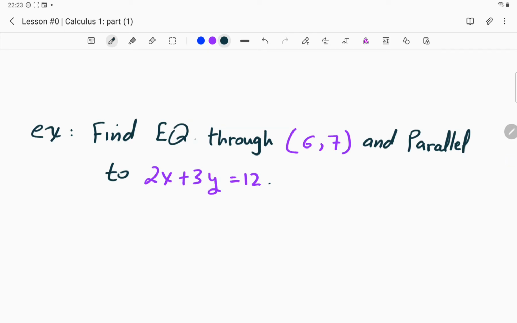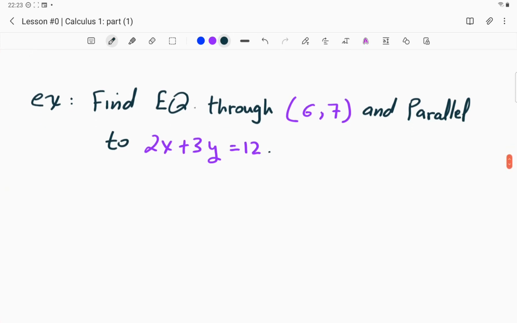Okay, so I'm back. I've written the question, or the example. In this example, they're telling us to find the equation of the line through this first point, which is (6, 7), with 6 as x and 7 as y, and parallel to 2x plus 3y equals 12, right?